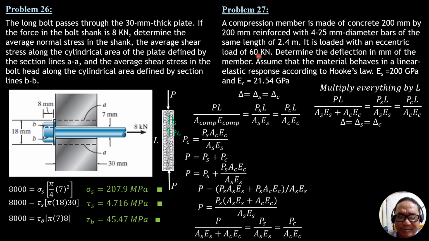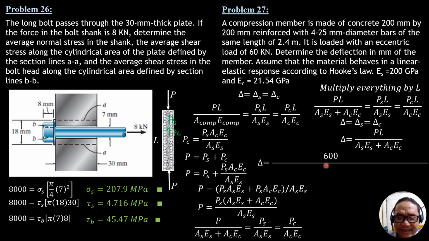So substituting, P is 60,000 newtons, length is 2,400, so delta equals PL over area S, E sub S plus area C, E sub C. So delta equals 60,000 newtons times 2,400 over area of steel, which is 4 times pi over 4 times 25 squared.